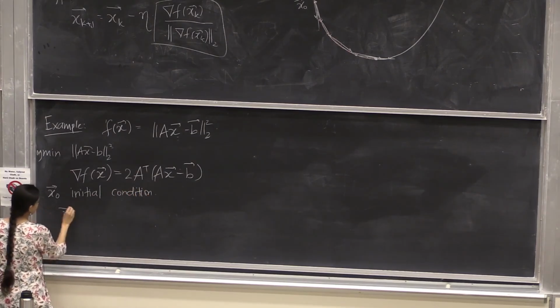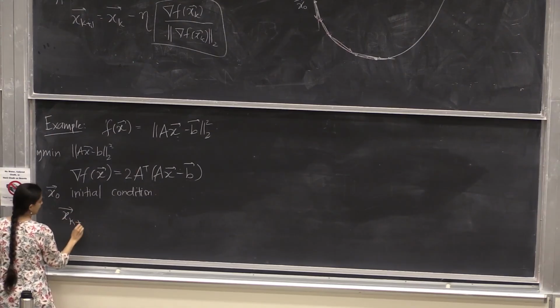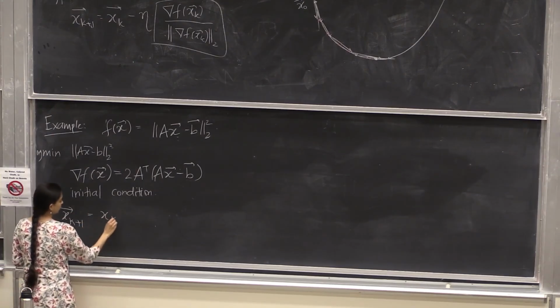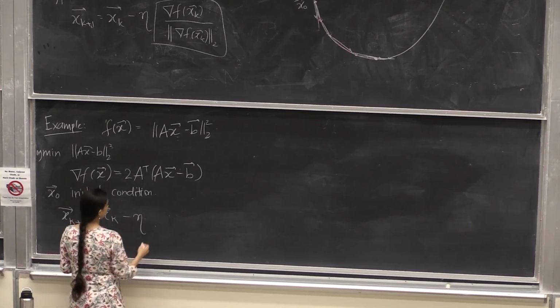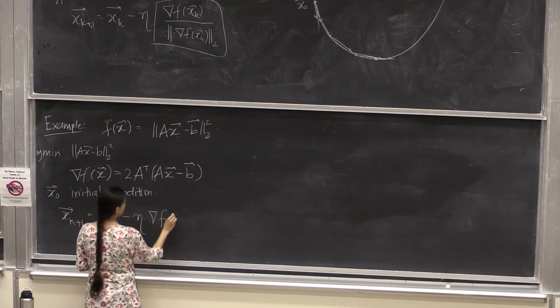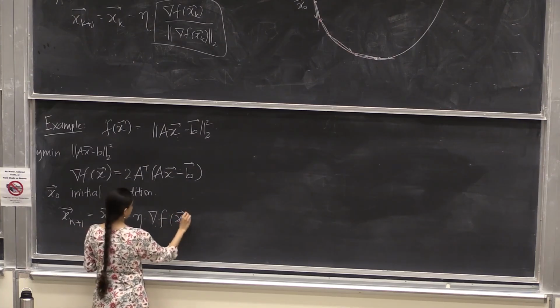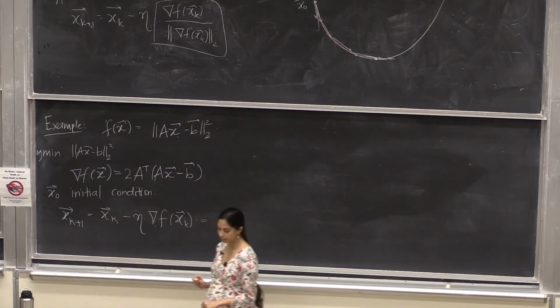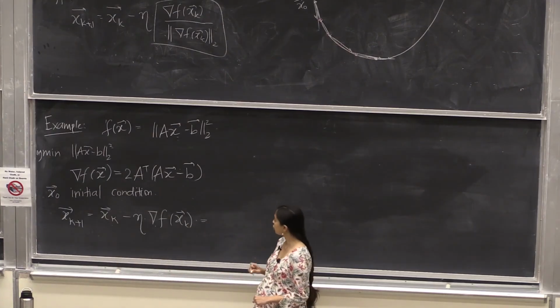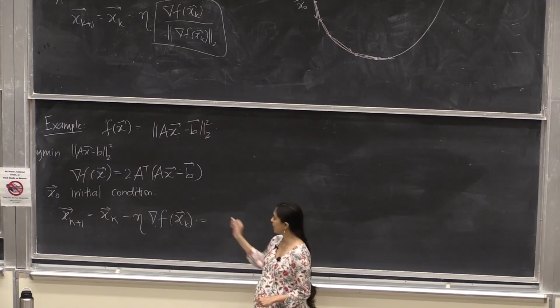So now let me write xk plus 1 equal to xk minus eta times gradient of f of xk. Right? So what is the gradient of f of xk?